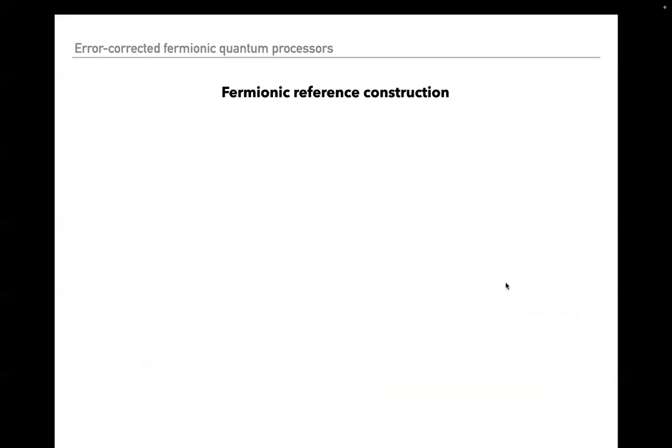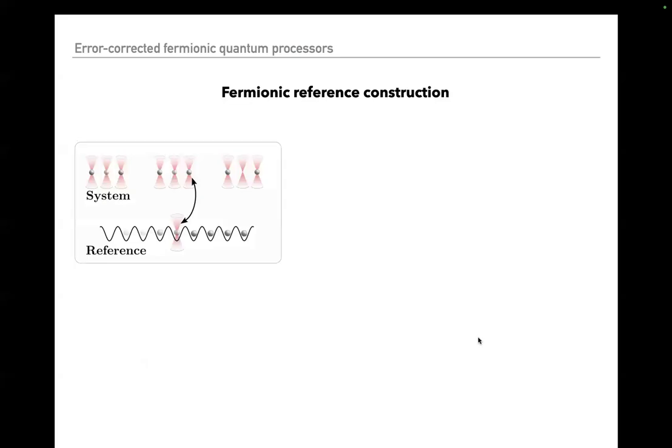The solution that we propose in this case is something that we call a fermionic reference construction. We can think of it pictorially in this way: a system, which is essentially the data modes. You can think of this as the 3 data modes, which we combine to form such a repetition code as shown earlier, so this would show you 3 logical modes.